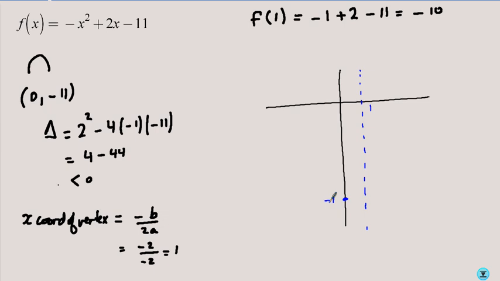I know that (1, negative 10) is the vertex, so let's say we're here. Let's say this is negative 10. And that's all we have to go with.